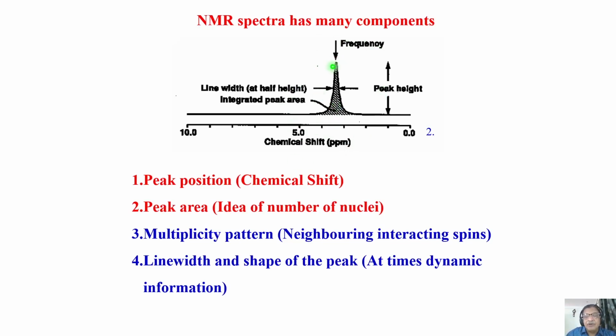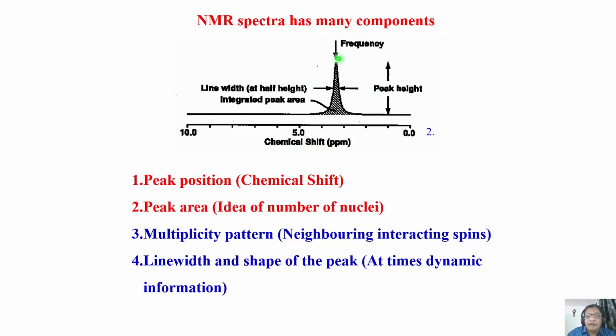First thing, the position of the peak. That's what we have been discussing in the last couple of classes. That is what is called chemical shift, with respect to some reference which you use for a particular nucleus of observation. For example, in proton, with respect to tetramethylsilane, what is the chemical shift position in frequency or ppm of a particular peak? So peak position is important.